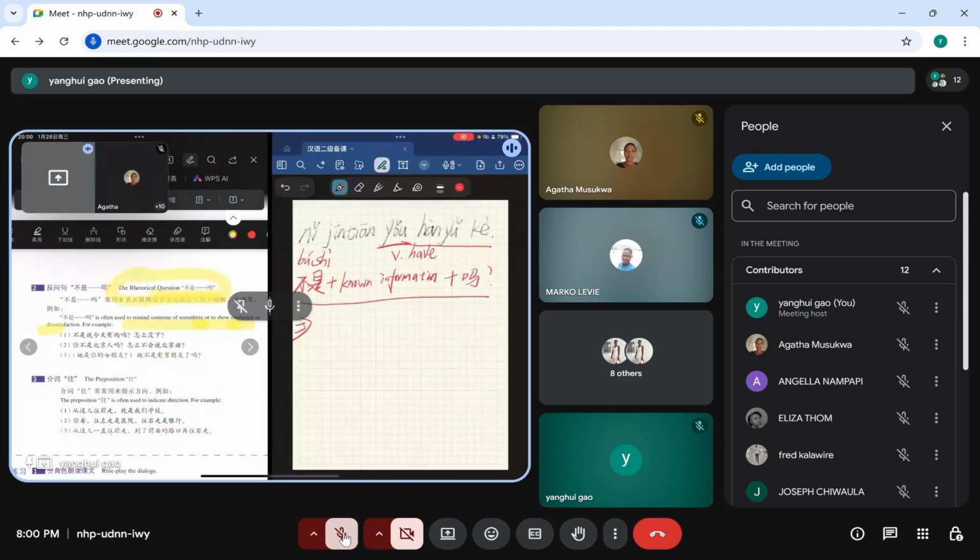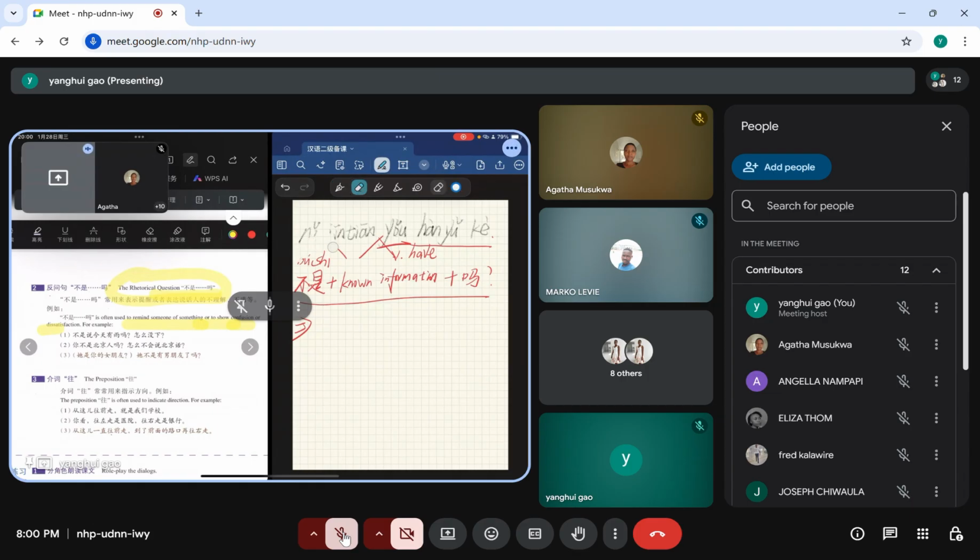So you can put the 不是 before the 有: 你今天不是有汉语课吗? Or you can put the 不是 here, and they have the same meaning. 你不是今天有汉语课吗? They're all right.